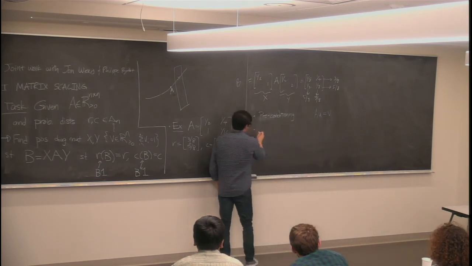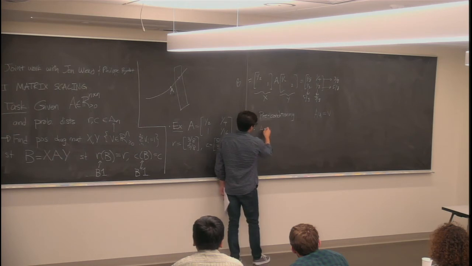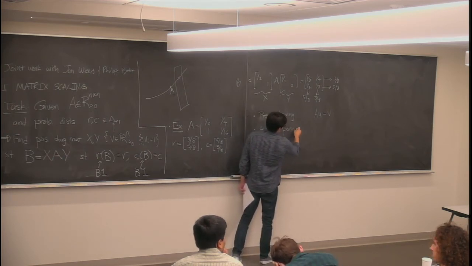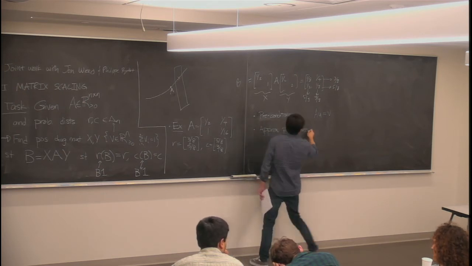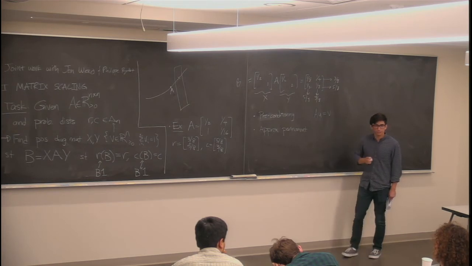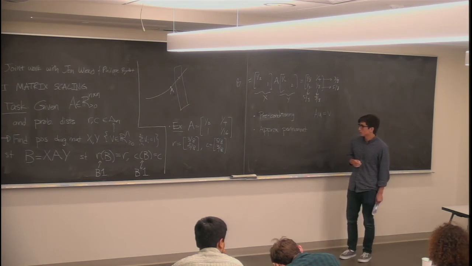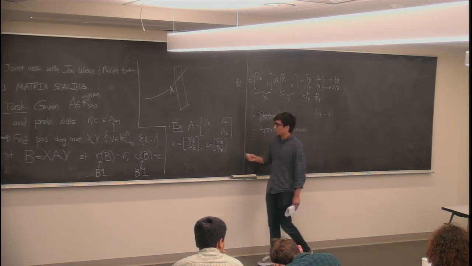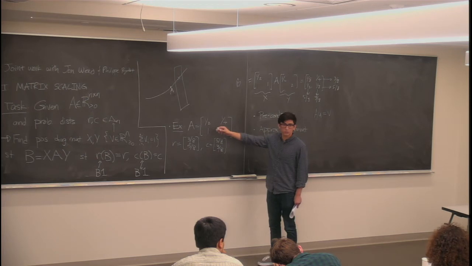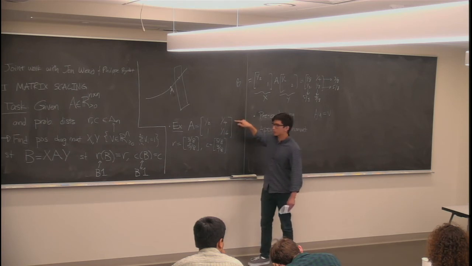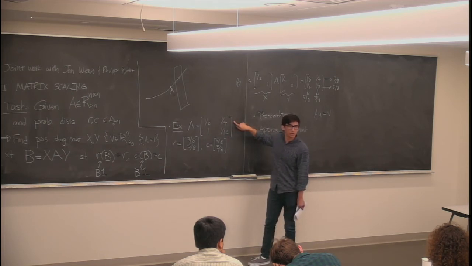Another application is approximation of the permanent. So the main idea here is that you want to compute the permanent of a strictly positive matrix A. This is a difficult problem. One really beautiful algorithm is to scale the matrix A in a certain way, and a key point is that the permanent is multilinear, meaning that if I multiply the first row by 2, the permanent multiplies by 2.